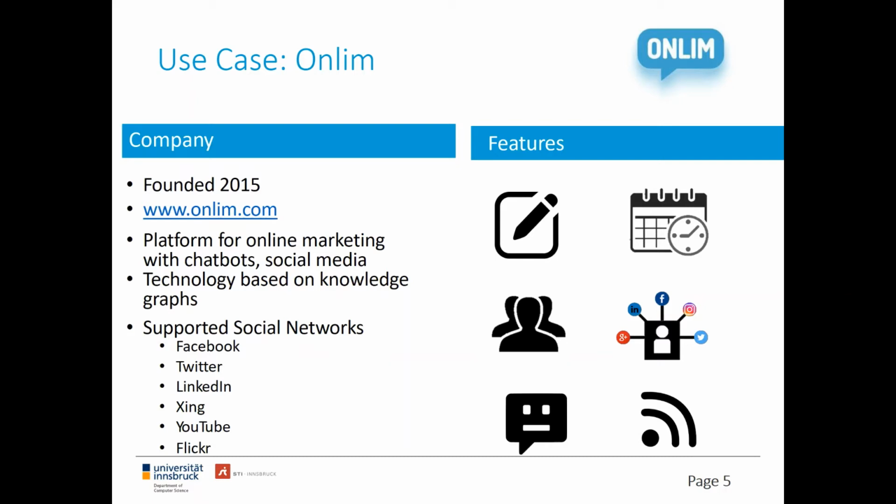It's 5 years old, and generally it's active in fields delivering online marketing, particularly also on social media, but also recently more with chatbots and technology. It's technology based on knowledge graphs, so the information is structured, has very dynamic structures, very easily extendable with knowledge graph technology or semantic technology.